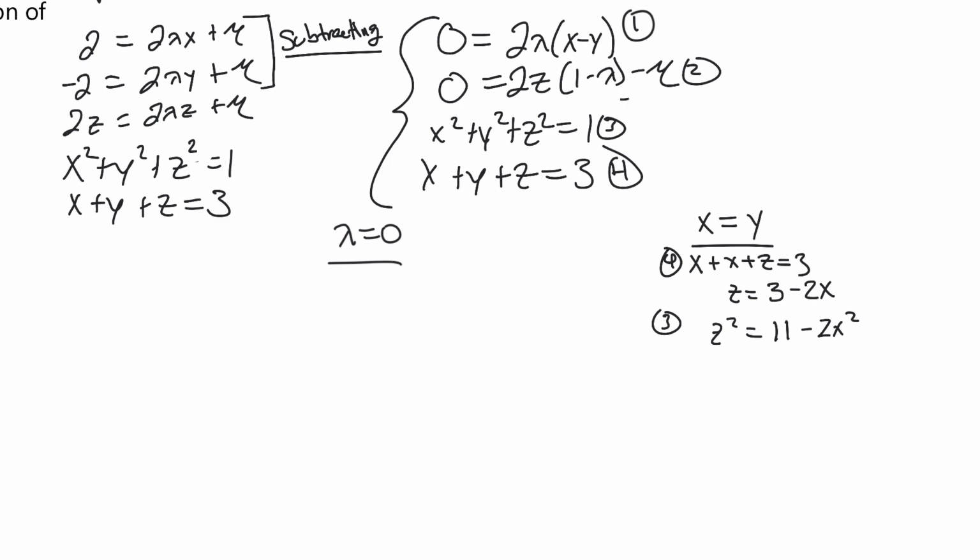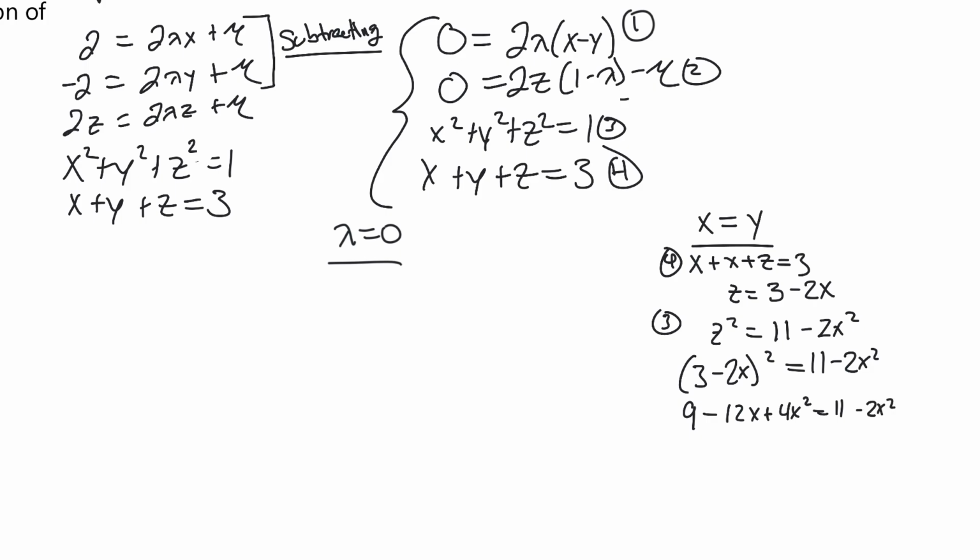So we can substitute once again. We're going to have 3 minus 2x squared equals 11 minus 2x squared. So we'll have 9 minus 12x plus 4x squared equals 11 minus 2x squared.